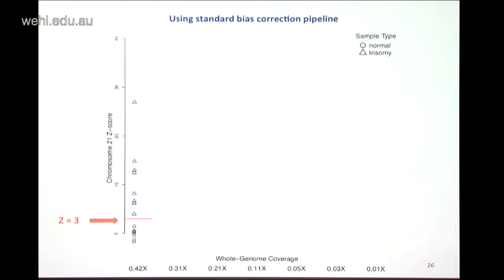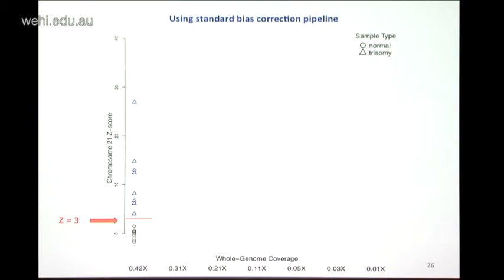When you first run the data through the standard bias correction pipeline in the commercial tests, this is what you get. On the y-axis, you've got the Z-score for chromosome 21 for the 29 samples, and on the x-axis, you've got the coverage. This is for the starting coverage.